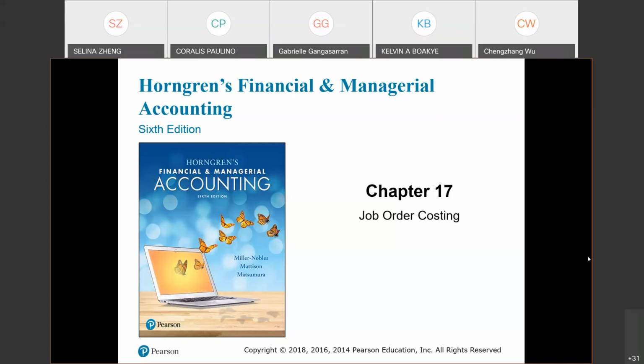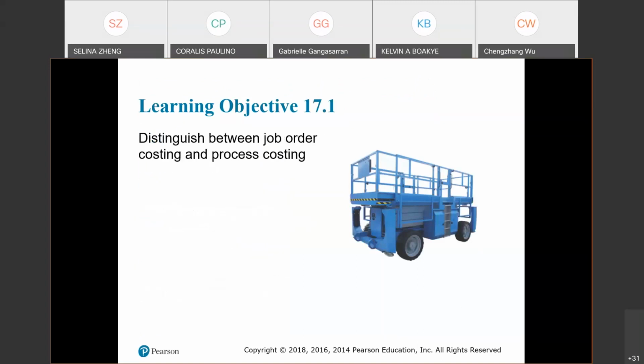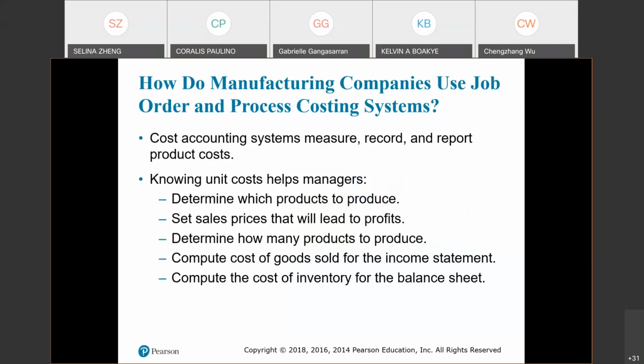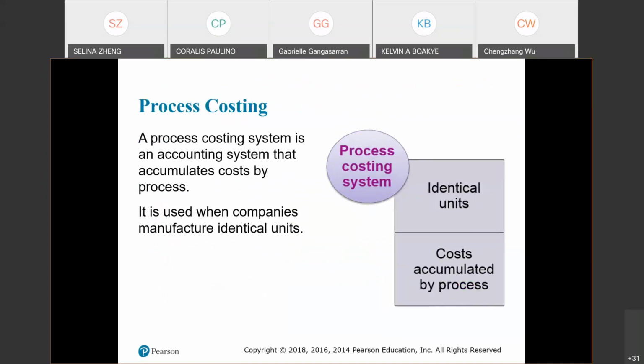They are used to accumulate product cost information so that the managers can measure how much it costs to produce each unit of product. In this chapter, we will learn job order costing, and in the next chapter, we will learn process costing.